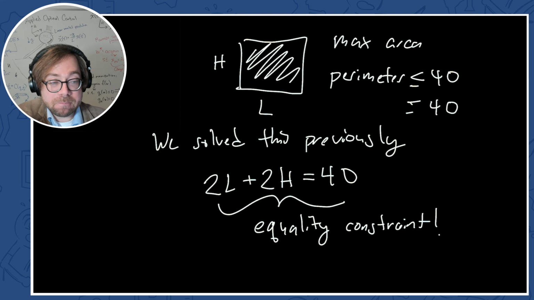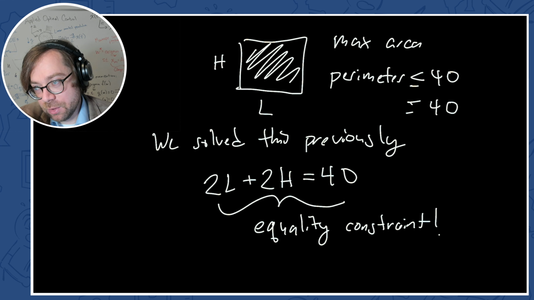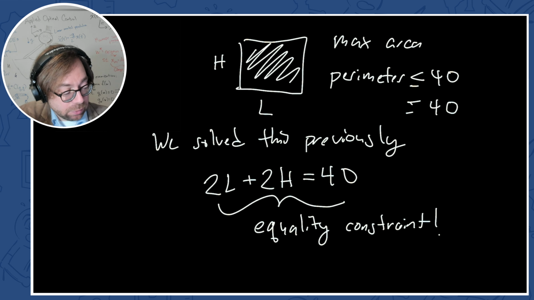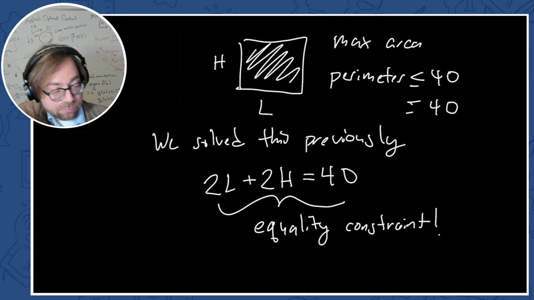Now, it's a little bit, let's just say, constraining, because theoretically for this problem, no one's telling you necessarily have to use all 40 meters of fencing. But we kind of intuitively know, because we're smart people, that if you want the most area, you got to use as much fence as you can, right? So we could say, hey, let's make these equal to 40 as an equality constraint.